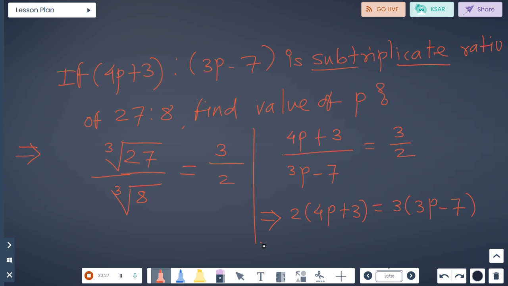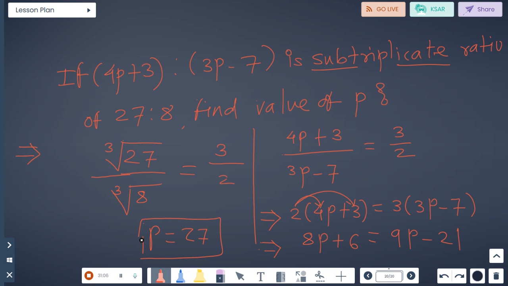Simply we have to multiply term-wise. 2 multiplied by 4p means 8p plus 2 multiplied by 3, 6, is equal to 3 multiplied by 3p, 9p, minus 3 multiplied by 7, 21. After simplification we get the value of p equal to 27. 27 is our final solution.